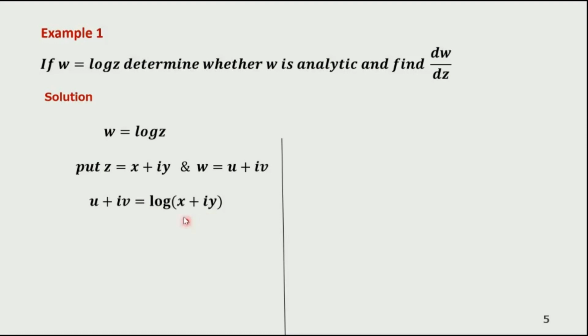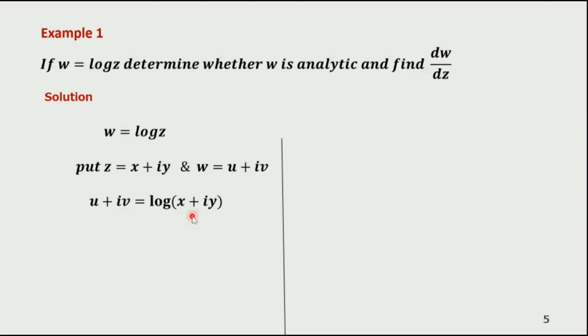You can solve this also with X and Y using the real and imaginary part of log of X plus iY. I think I've already shown you in the previous lectures how to get the real and imaginary part. But I will show you with the help of polar coordinates, it becomes very simple.